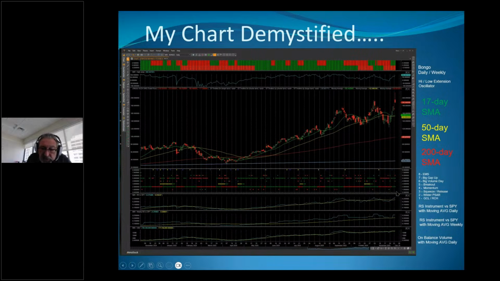Now, these next two will sound boring, but boy, are they secret weapons. All I did is I compared the relative strength of whatever we're looking at, and we're looking here at CRDO, which had a good Monday on earnings. And I compared the relative strength versus the Spider. And then I put a moving average, and I'm looking for crossing above or below that moving average.